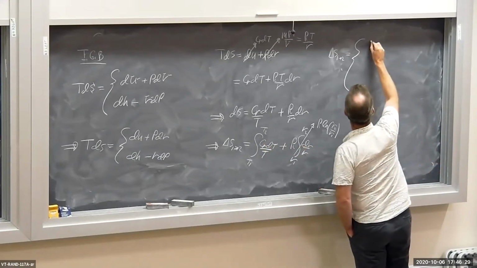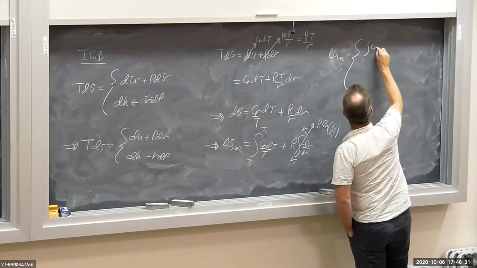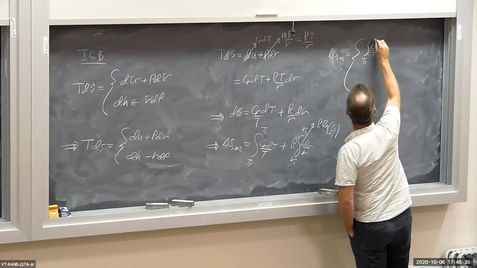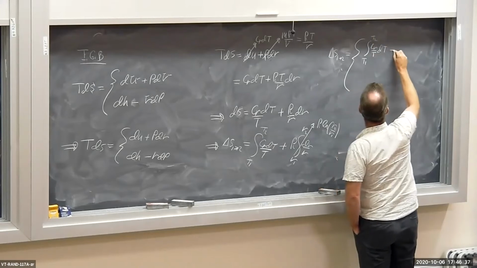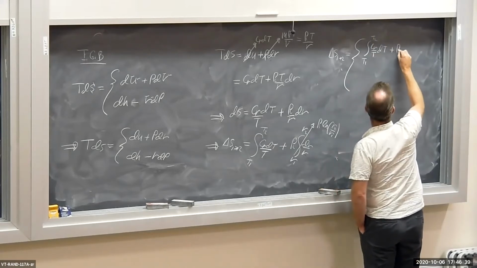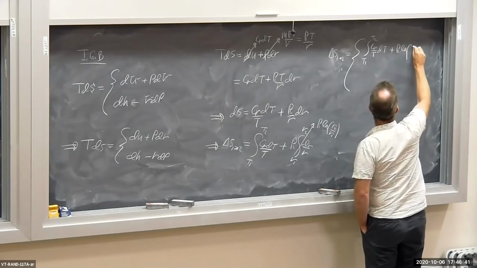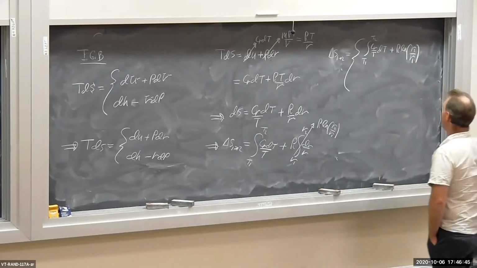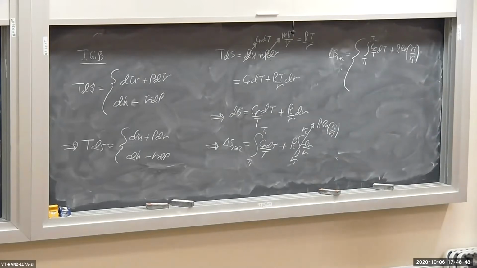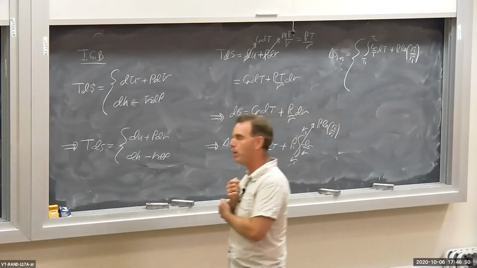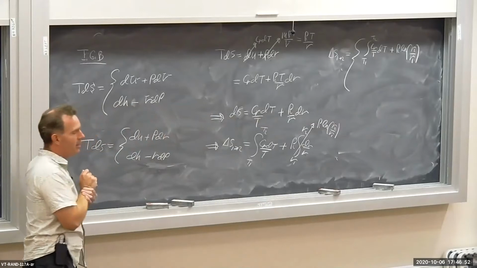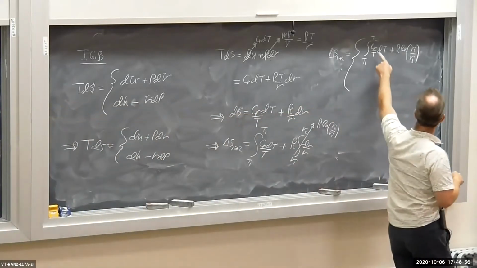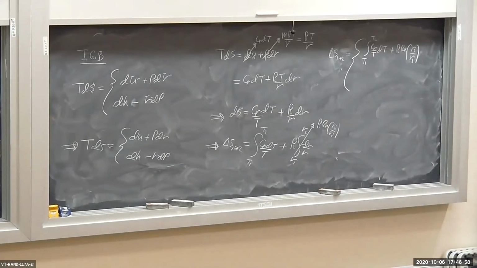So I've got the integral of Cv over T dT from T1 to T2 plus R ln v2 over v1. Okay, that's the first equation we get for the change in specific entropy for an ideal gas. That's the equation involving Cv. There's a Cv in this equation, that integral right there.